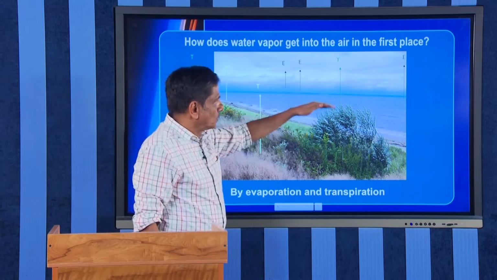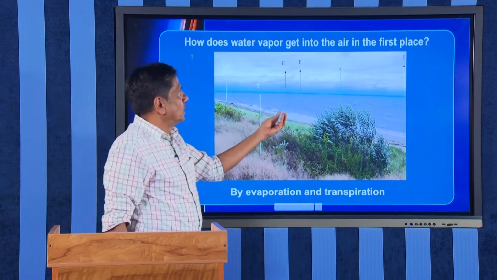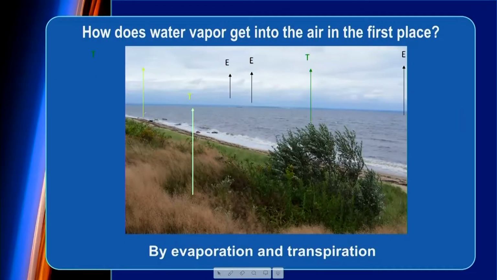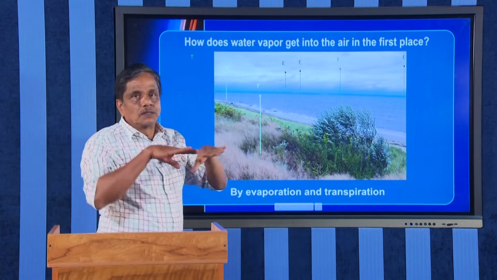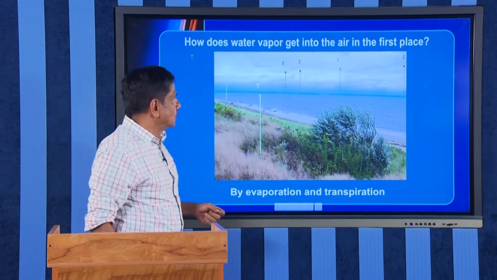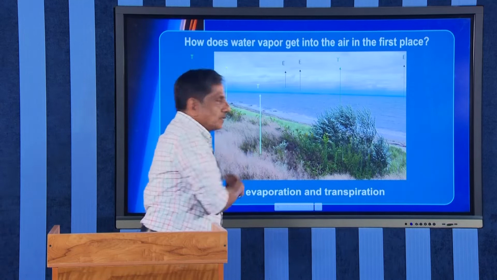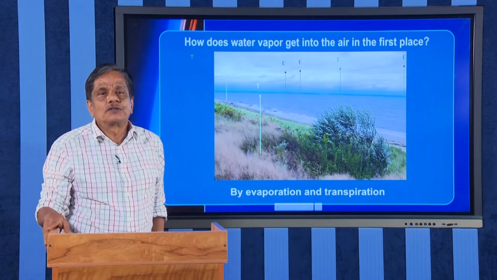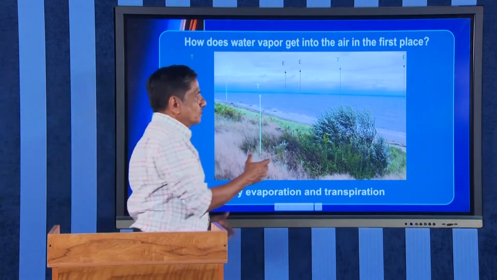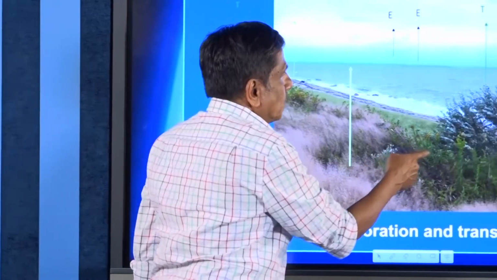When water starts heating up, evaporation will take place. The water will turn into water vapor, and it will be spread due to the wind, which we have already seen. From the land, the main source of water vapor is the transpiration from the plants.